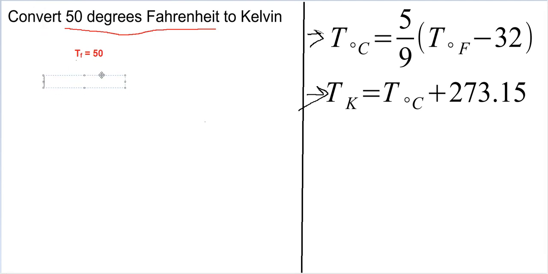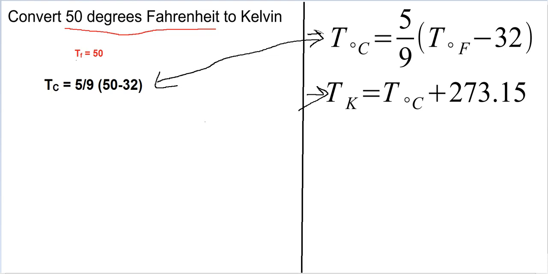What we know is our temperature in Celsius is equal to 5/9 times our temperature in Fahrenheit, which is 50, minus 32. So we're literally just taking our relationship here, filling in what we know, and using it to find our temperature in a different representation.